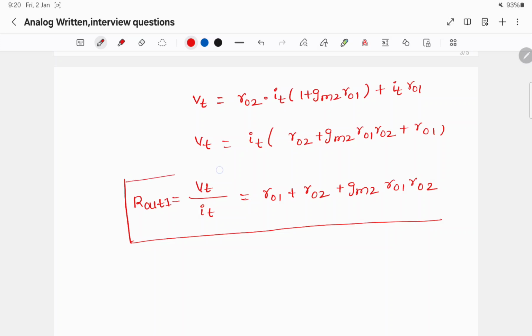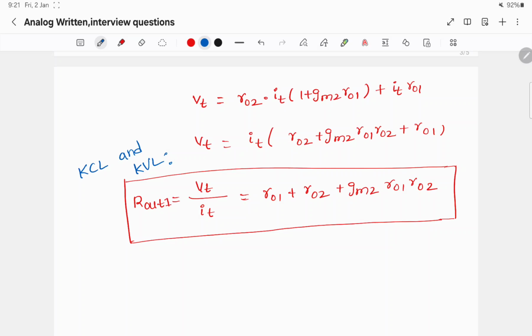There is a standard result that we know. This is by KCL and KVL. With simple KCL and KVL, we can obtain this result.